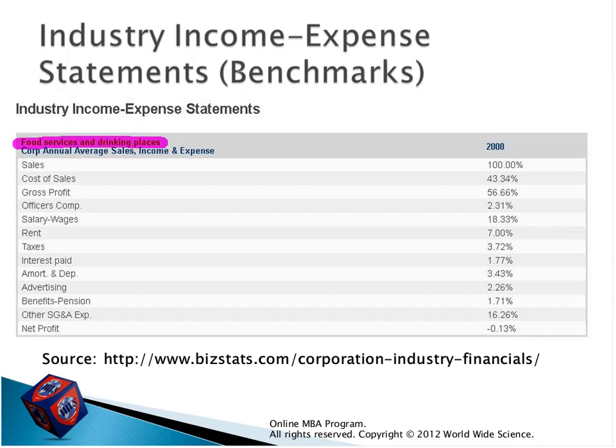And here we have food service and drinking places, giving the corporation annual average sales, income, and expenses. Annual means the yearly results. For example, here is given just the market trends, or the benchmark norms, that we can see and use to make a comparison with our company.